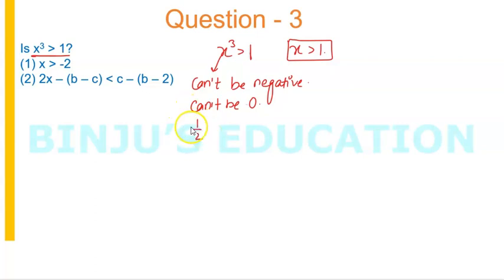Take a couple of examples: if I do half cubed, or 1/4 cubed, or 1/8 cubed, all these numbers will definitely be less than 1, right? Because they're fractions and you're cubing them, you're multiplying fractions with themselves, so you can't cross 1. It's not possible. So x cube greater than 1 basically means that you're looking for x greater than 1.